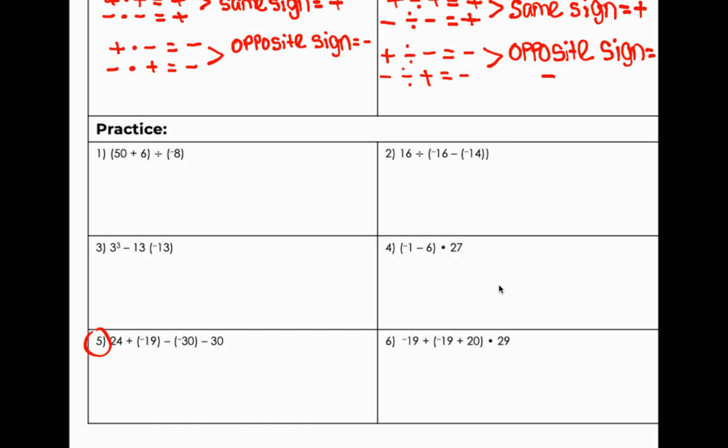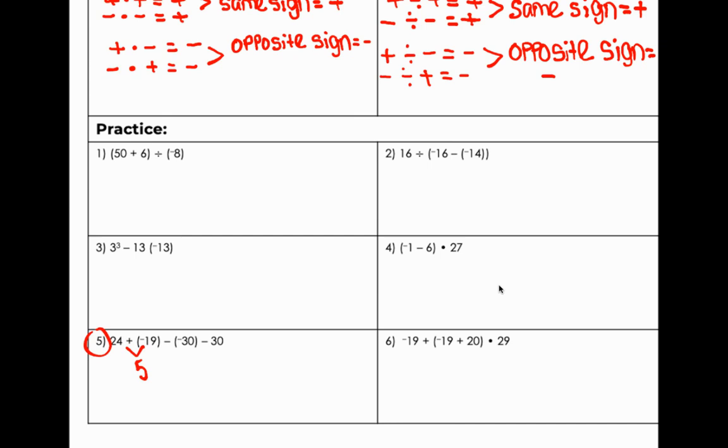All right, so by order of operations, we have no parentheses other than the parentheses with the negatives, so that doesn't count. We have no exponents, we have no multiplication, we have no division. We do have addition and subtraction, so we want to work from left to right. So we're going to be starting with 24 plus negative 19, so that's 5.